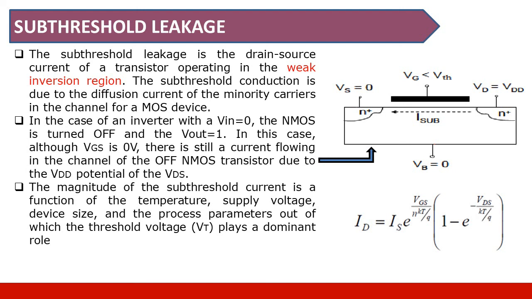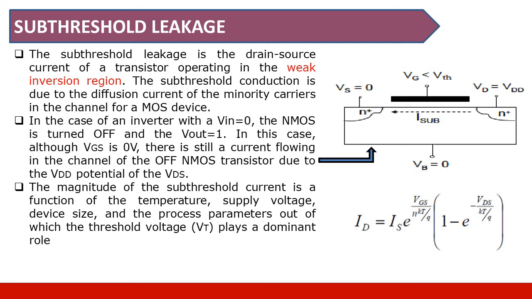See over here, this sub-threshold current has a relationship with VGS, and VGS is what? The minimum VGS which is required to establish a channel over here is known as VTH. So if it has a relationship with the gate to source voltage, it means it also depends upon the threshold voltage, and the sub-threshold leakage increases exponentially with the decrease in threshold voltage.